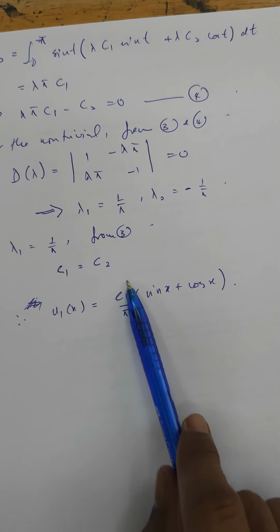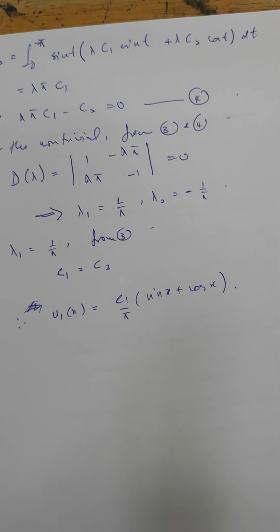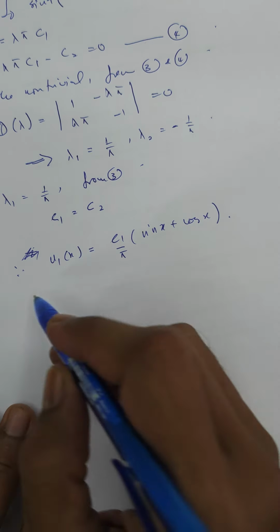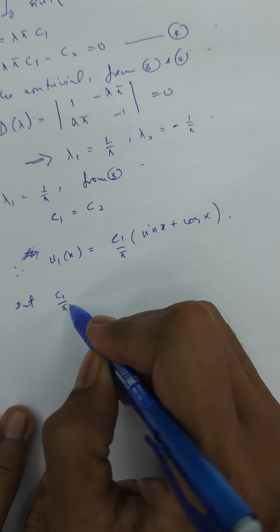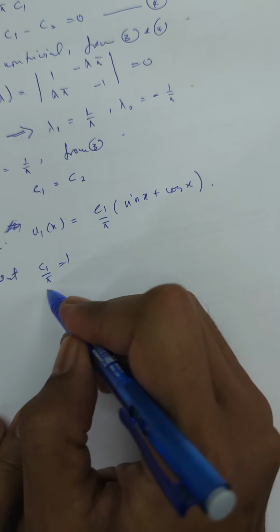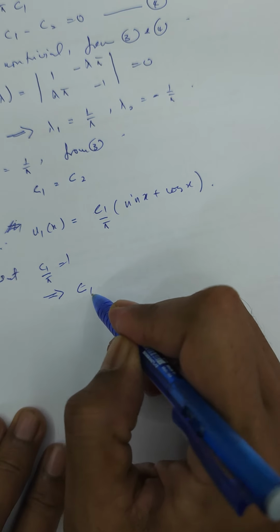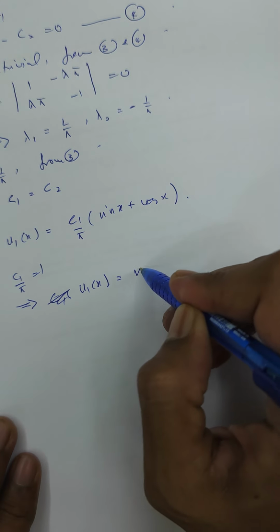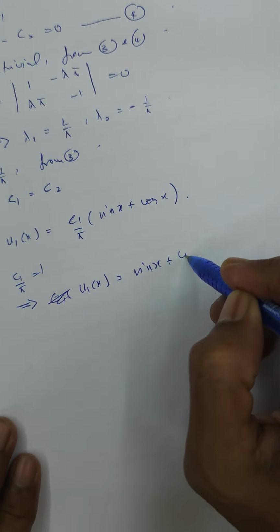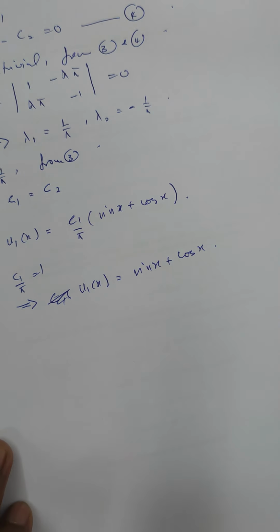Okay, and then of course you can set C1 over pi equal to 1, then we have U1(x) equal to sin x plus cos x.